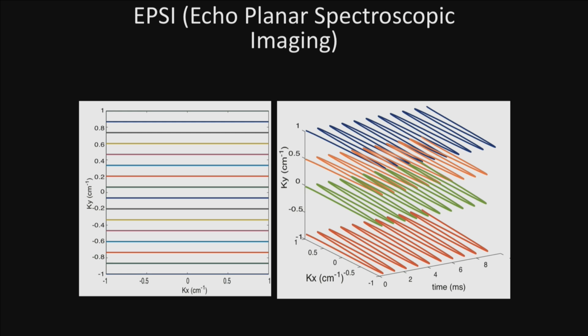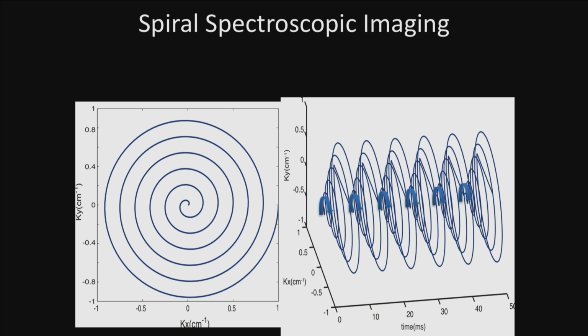And that's not the only way we can do spectroscopic encoding. We can do things like spiral spectroscopic encoding. Again, the fundamental problem here is to cover this 3-dimensional K-space region somehow.